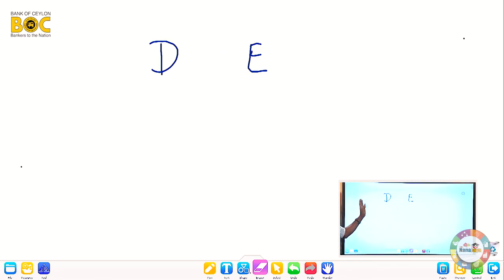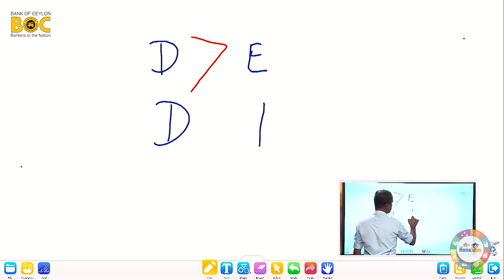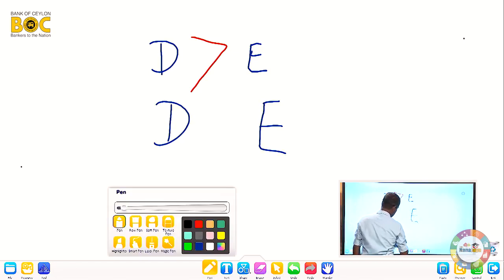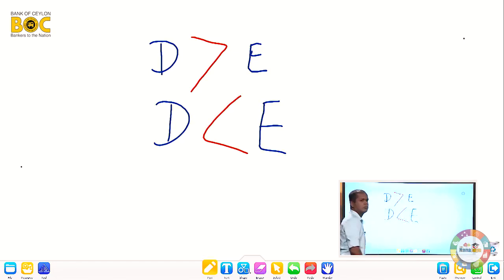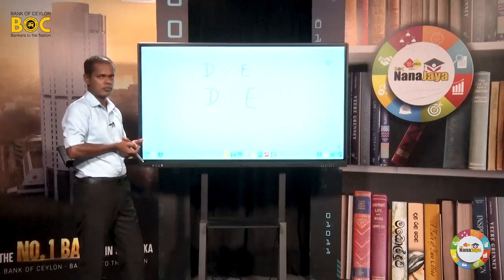When your debt capital is greater than equity, we identify that as a high geared company. Debt is more than equity. And when your equity is more than debt, we call that a low geared situation.